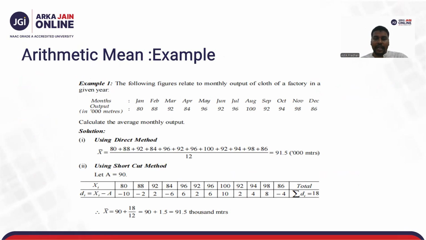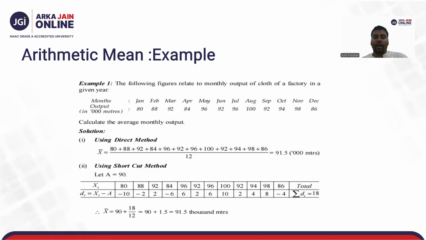As you can see here, different values or outputs are mentioned for each month, from January to December. That means a total of 12 values are there. So for n, the value will be 12. Now to find the mean value, what will we have to do?